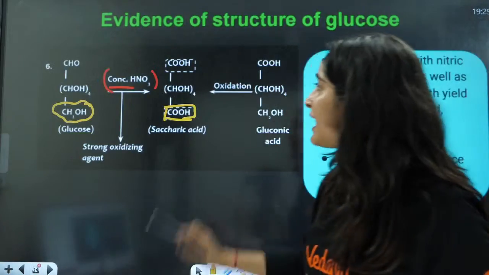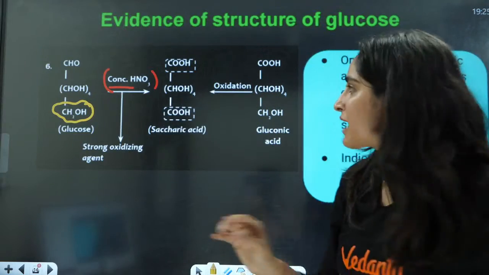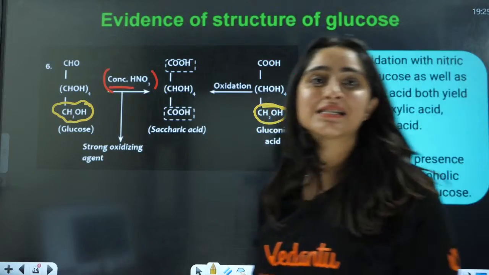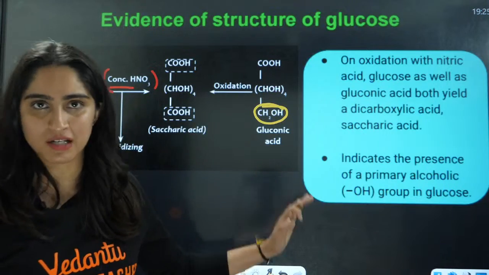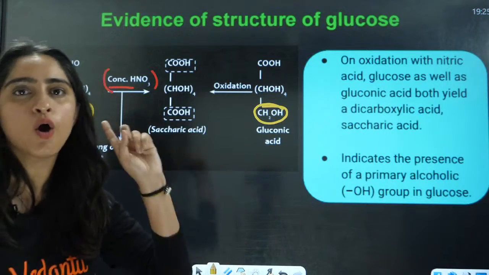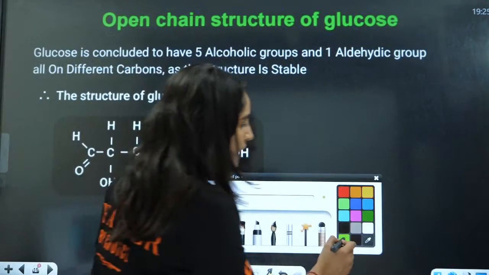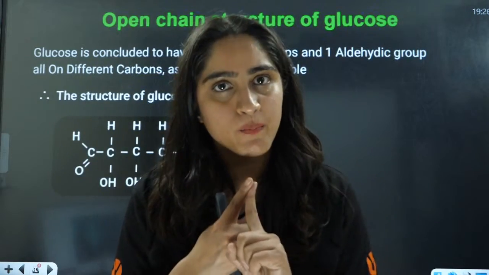Now, if you oxidize this gluconic acid, then also you can only oxidize the primary OH group, not the secondary OH group, right? Only the primary OH group is oxidized here. That means there is one primary group present here, right? So now we know that in glucose there is one aldehyde group, right?